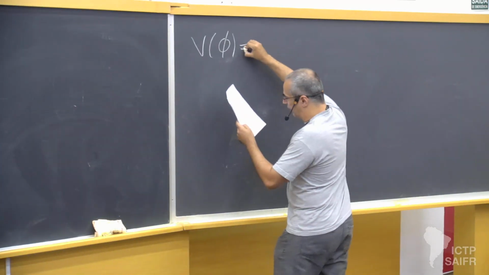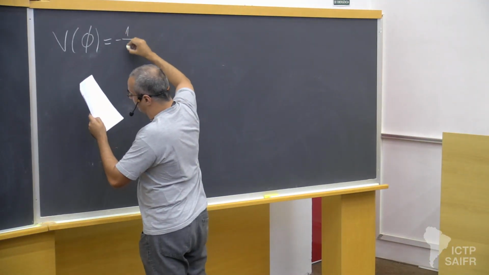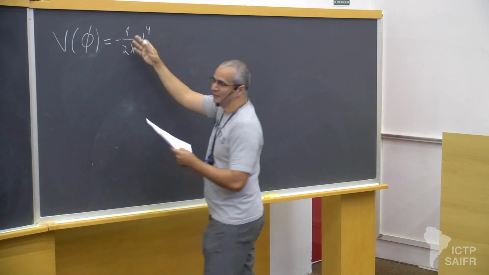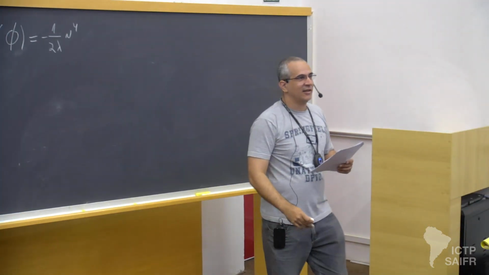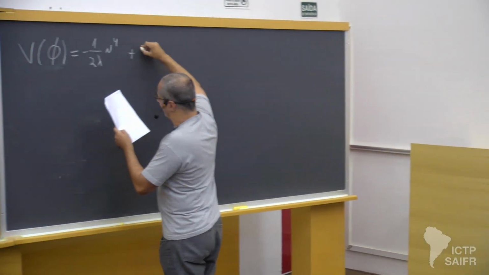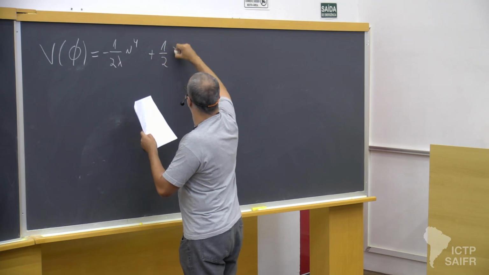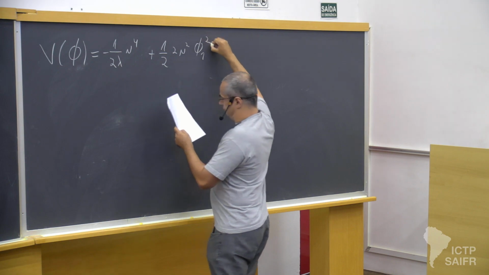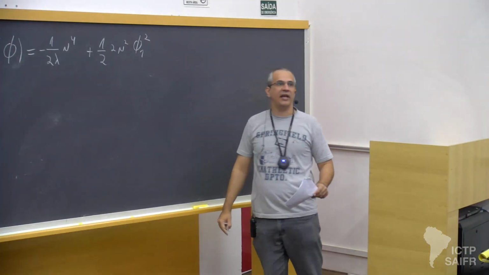You get something that looks like a cosmological constant here already, which is marvelous. It's a number in your Lagrangian. You get terms which are quadratic in phi 1. But you don't get any term that is quadratic in phi 2.